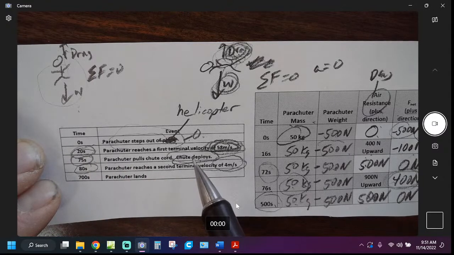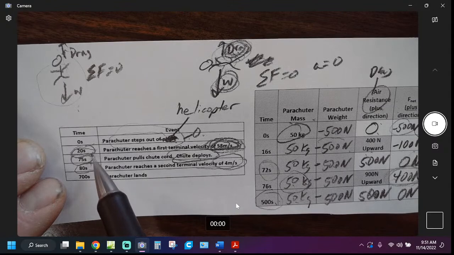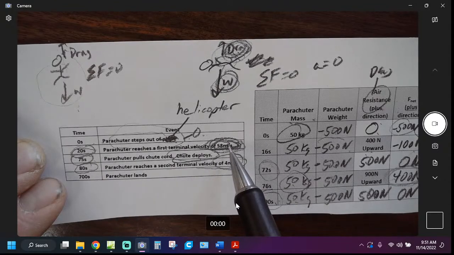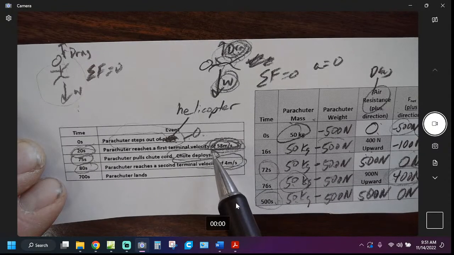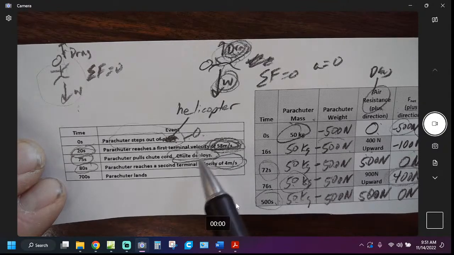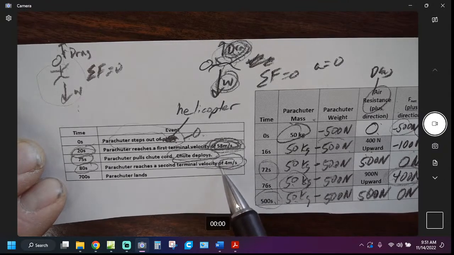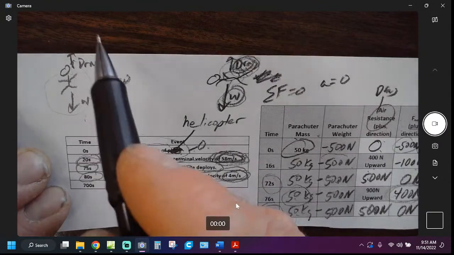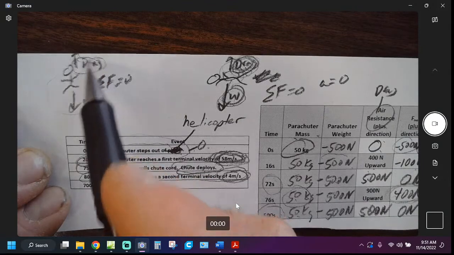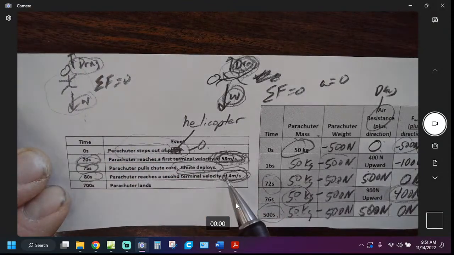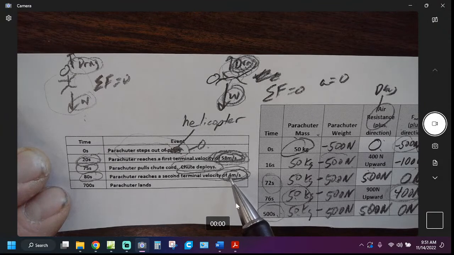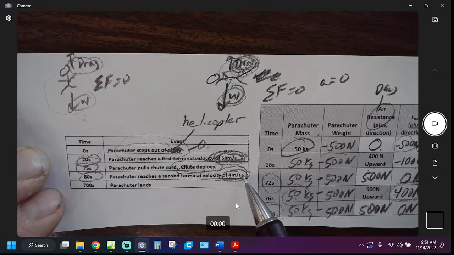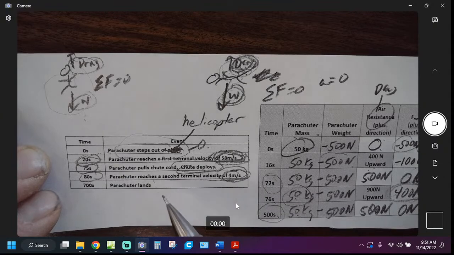So we don't know exactly what your speed is at 75, but you're going to start to slow down, like to 55, to 54, to 53, 52, 50, 40, 30, 20. That chute's going to keep slowing you down until you get to 4, and then it doesn't slow you down anymore. Then, again, the force of drag is equal to your weight. So now you're at a new terminal velocity. You just stay at 4 forever, or until you hit the ground.